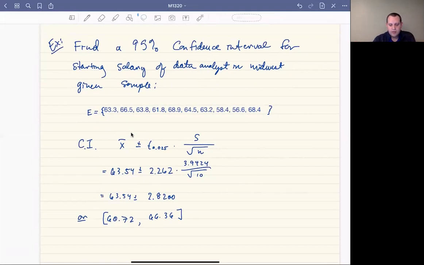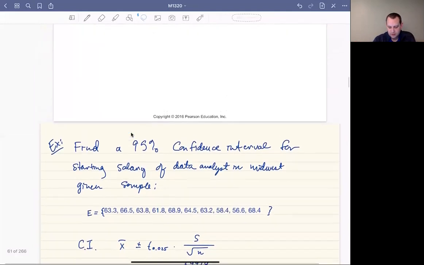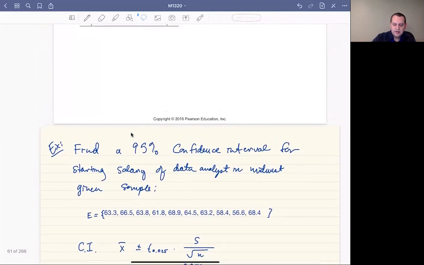And what we can do is use our confidence interval. Since we want a 95% confidence interval, our alpha is going to be 0.05. The significance is 0.05 if we want a confidence of 0.95.